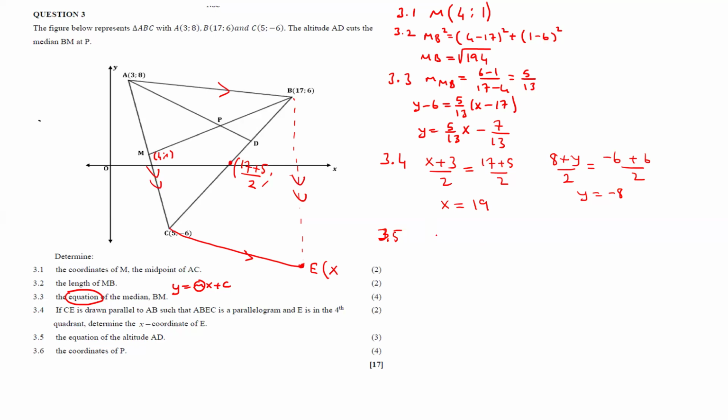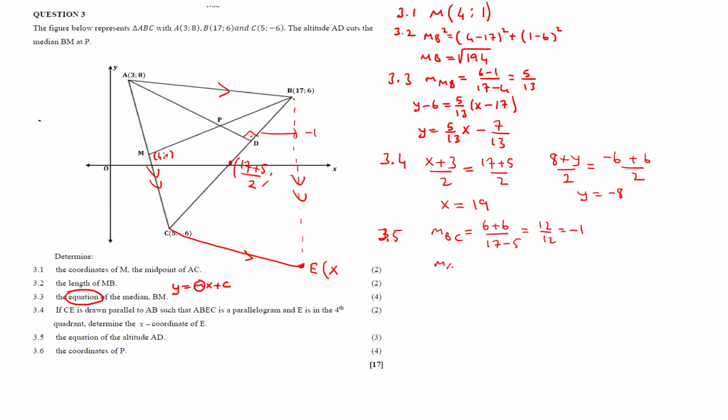Did we find the gradient of BC or is it given? No. Okay, let's find the gradient of BC: 6 plus 6 over 17 minus 5, which would be equal to 12 over 12, which is equal to negative 1. So the gradient of this line is negative 1. Since this is an altitude, this angle is 90, so AD is perpendicular to BC.